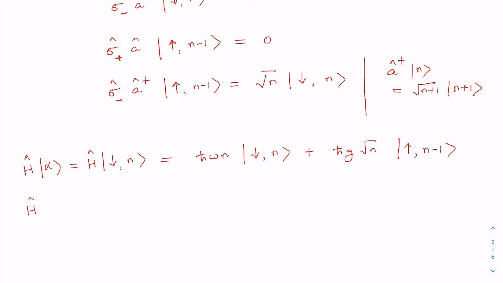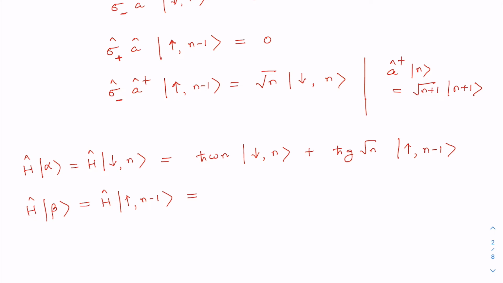Again you can work out H of beta, since we know all the terms. Ket beta is the atom in the excited state and n minus 1 photons in the field mode.